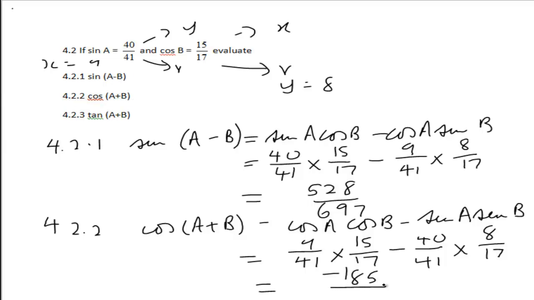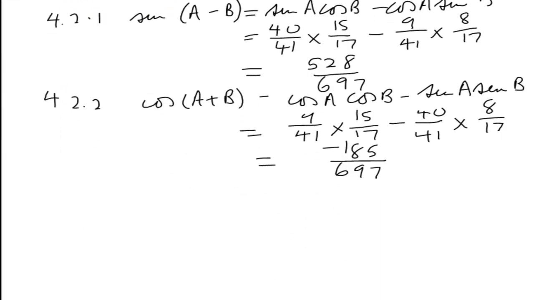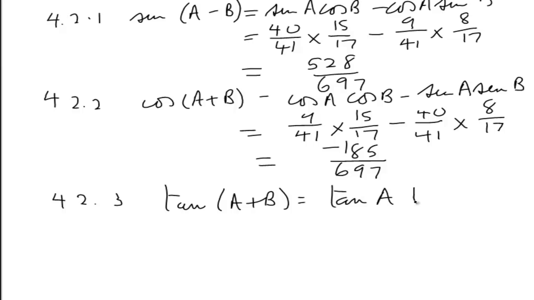So when you work that out, you get minus 185 over 697. And then looking at the next problem, there is tan of a plus b. Tan of a plus b is tan a plus tan b all over 1 minus tan a tan b.